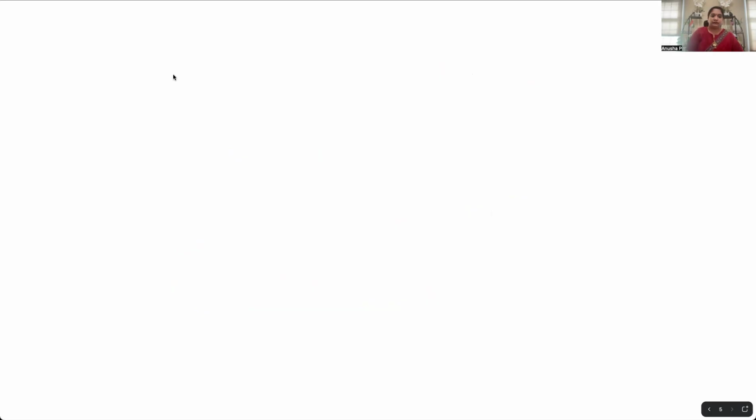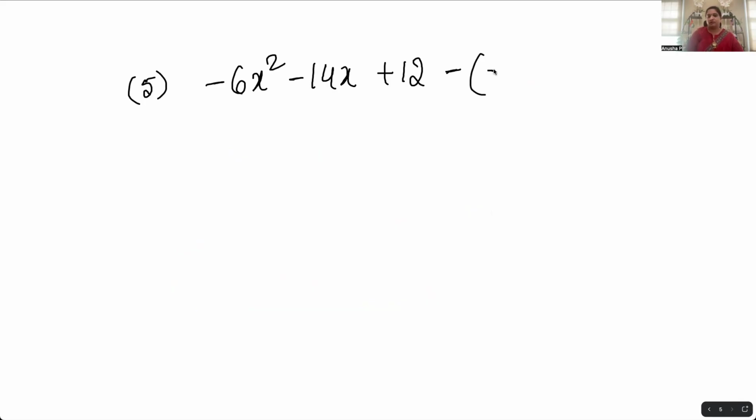Coming to the fifth example now. Minus 6x square minus 14x plus 12 minus 7x square plus 4x minus 6. Again, here we are subtracting the two polynomials. In the first polynomial, we will not switch any signs.